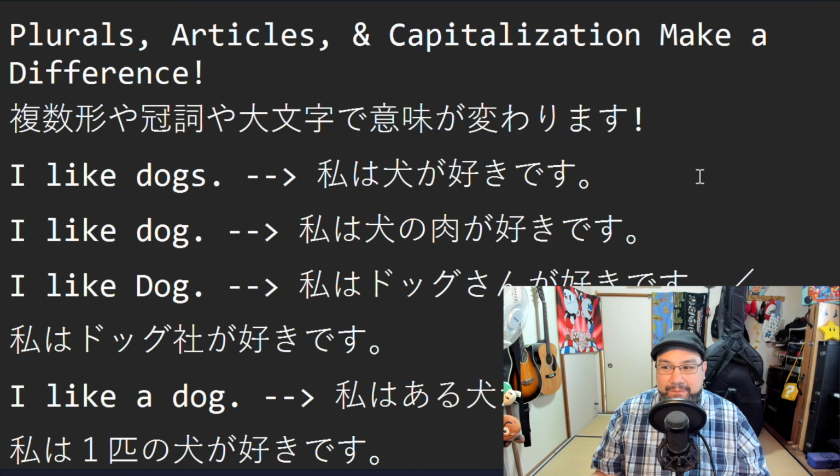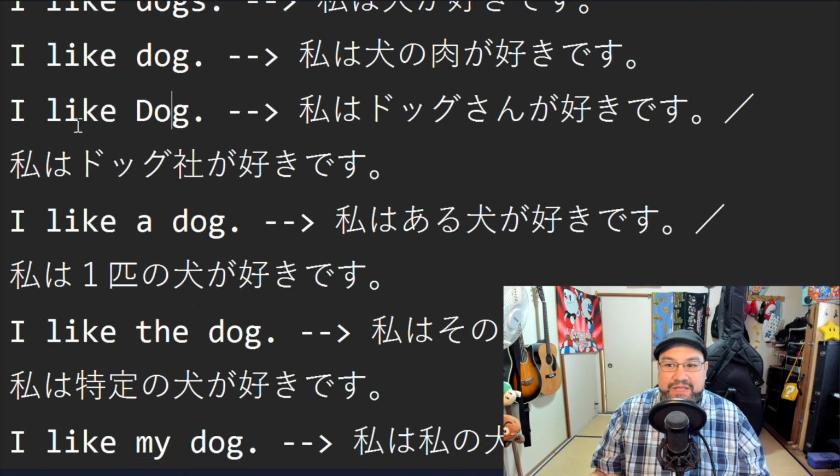Okay, so be careful. Also, if you say I like Dog with a capital D, then it becomes, I'm thinking in Japanese, koyumeshi, a proper noun. So, Dog-san, Mr. Dog. I like Mr. Dog. Okay? Or like Dog no kaisha. Maybe Dog is the name of the company. I like Dog products. So if it has a capital D, it is a name of something.